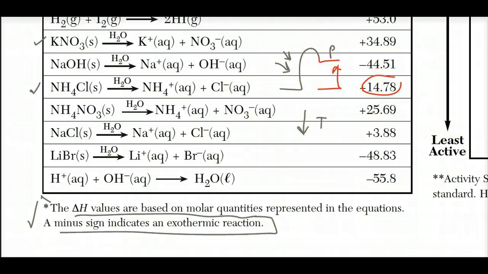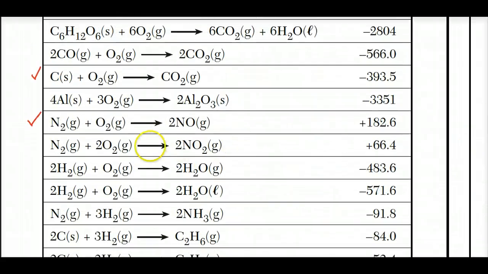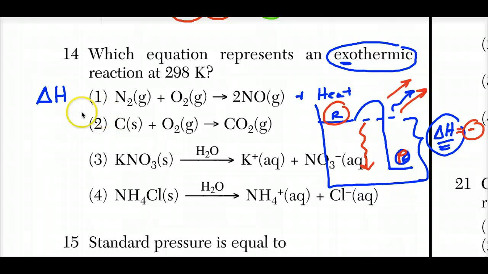A little aside there. And of course, this guy is also endothermic, and here's our winner, the exothermic reaction, which would make the environment temperature go up because it's releasing energy into the environment. So there's our winner. So the only one with a negative delta H from table I is number 2. 14 is 2.